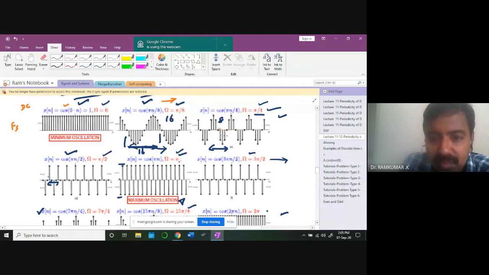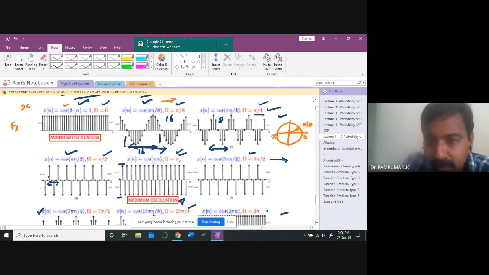What's happening? The number of samples per cycle is coming down. So at some particular point, at the frequency of pi, what you have obtained is only 2 samples per cycle. It means that you are rotating, moving like this. Initially you are sampling like this. Pi by 8 means this is 0 to pi.